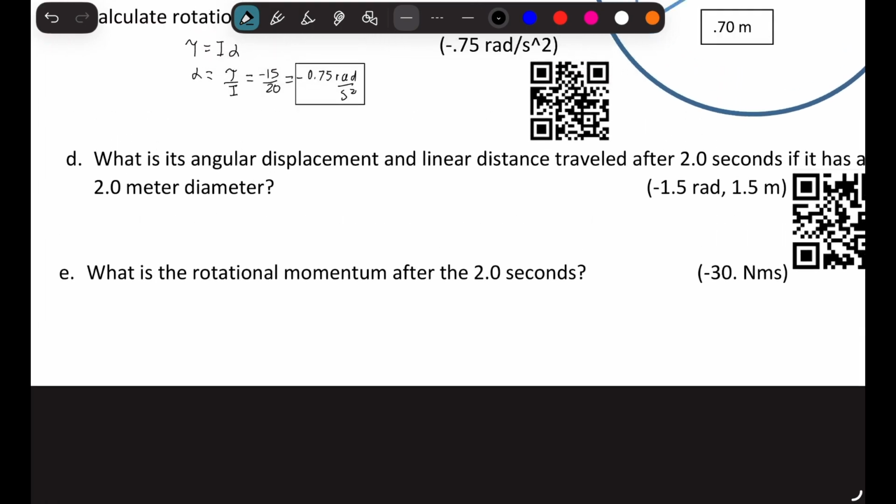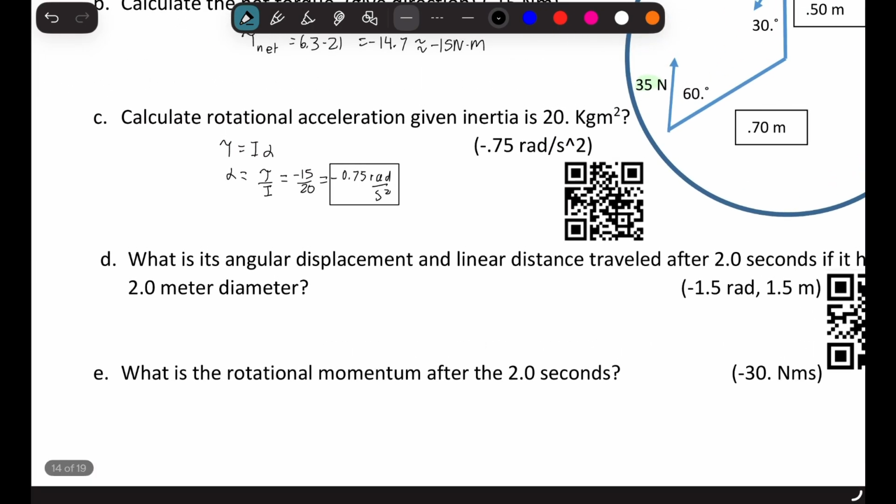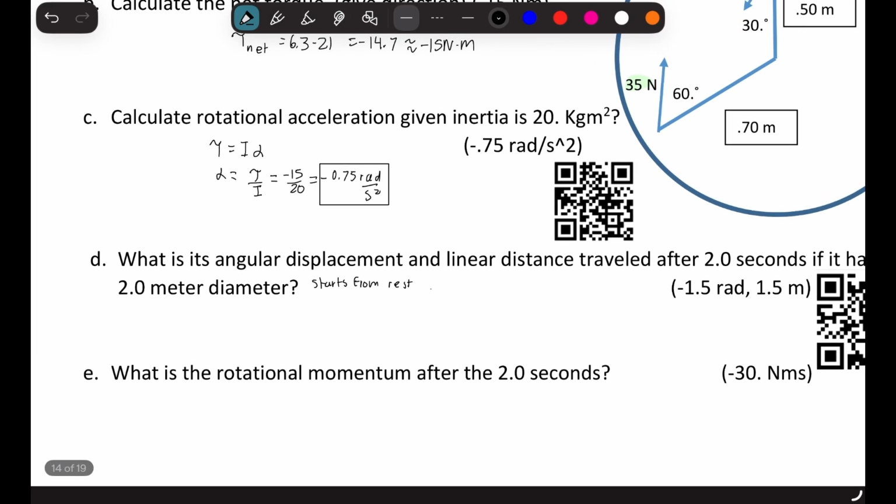What is the angular displacement and linear distance traveled after 2 seconds if it has a 2 meter distance? After 2 seconds, we know that it starts from rest from earlier, so the initial angular velocity is equal to 0.